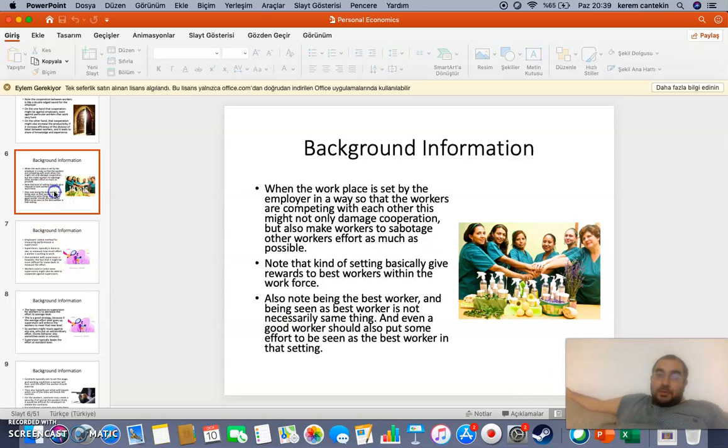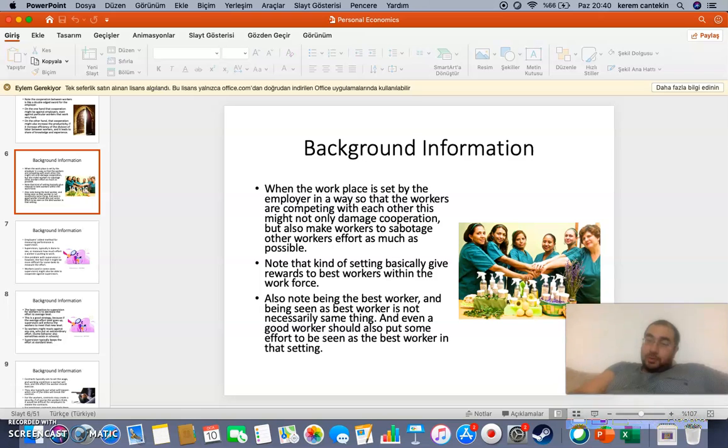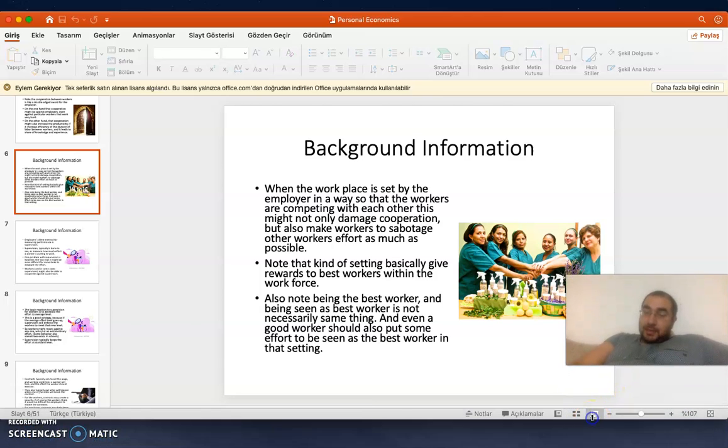So last time I told you the way workers' cooperation affects the employer in two different ways.